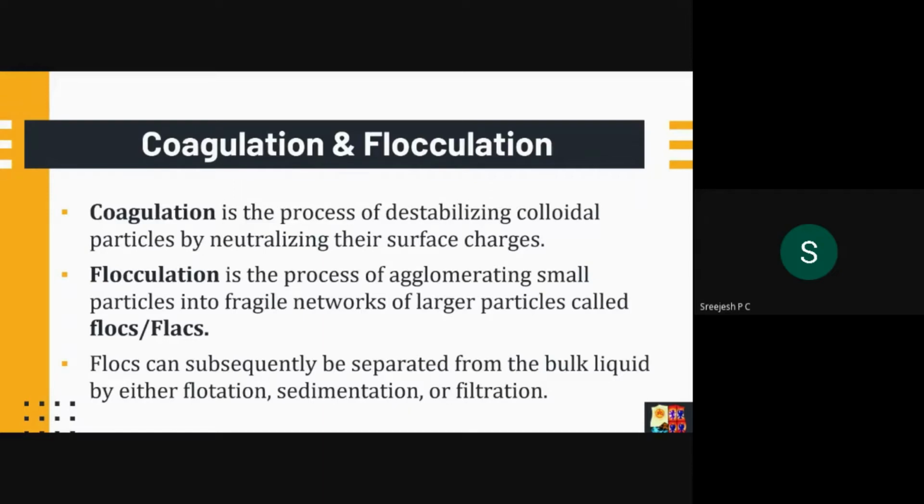So these are the two names, floc formation or the flock. You will be able to see these two names in literature. Now, these flocs are later separated either using the flotation technique, or sedimentation, filtration or centrifugation.